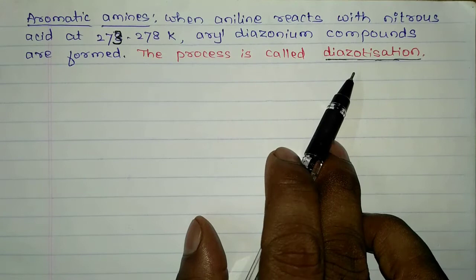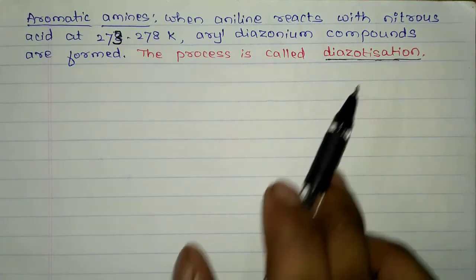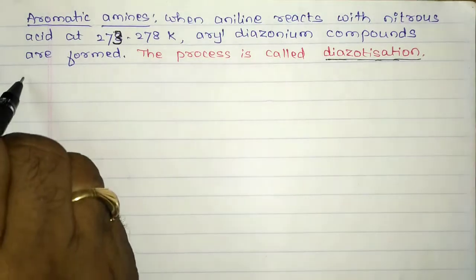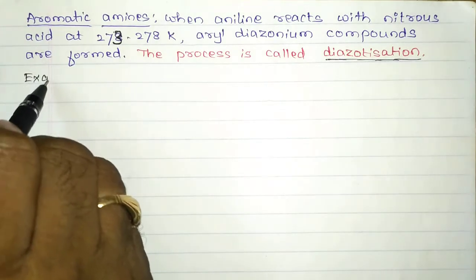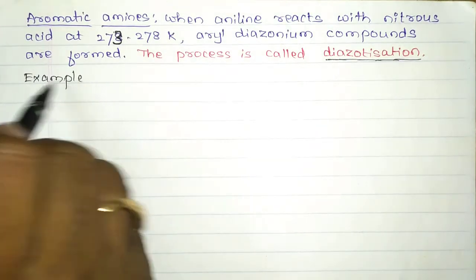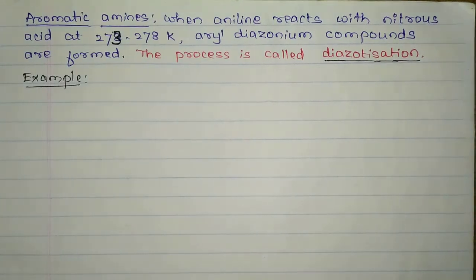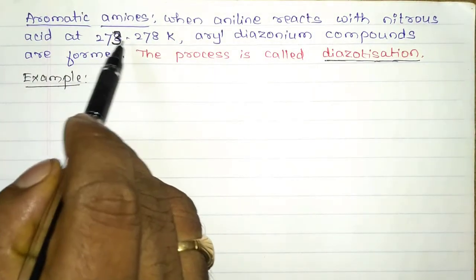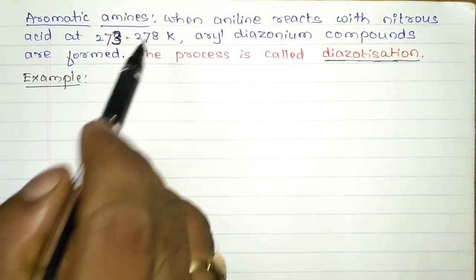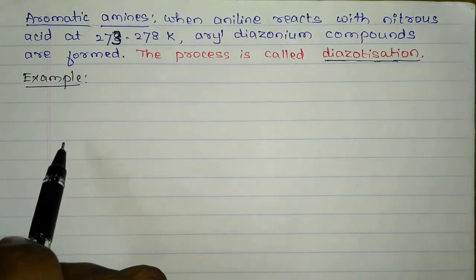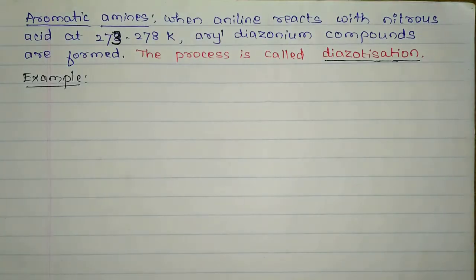This process is called diazotization. For example, when aniline reacts with nitrous acid and hydrochloric acid at 273 to 278 Kelvin, benzene diazonium chloride is formed.